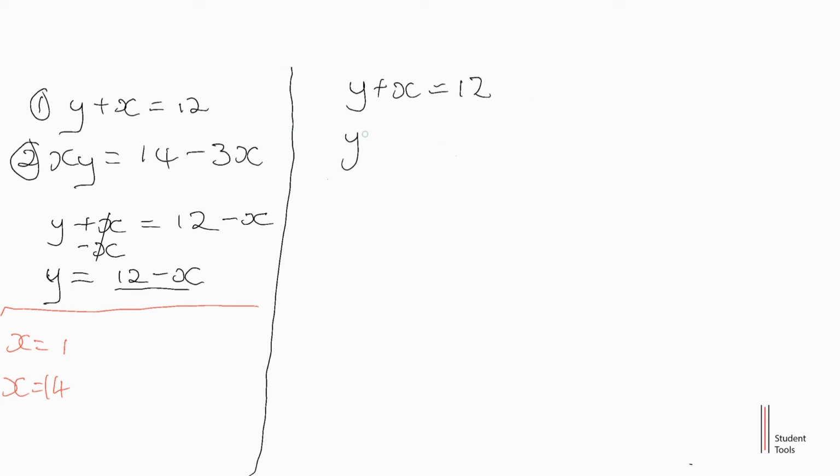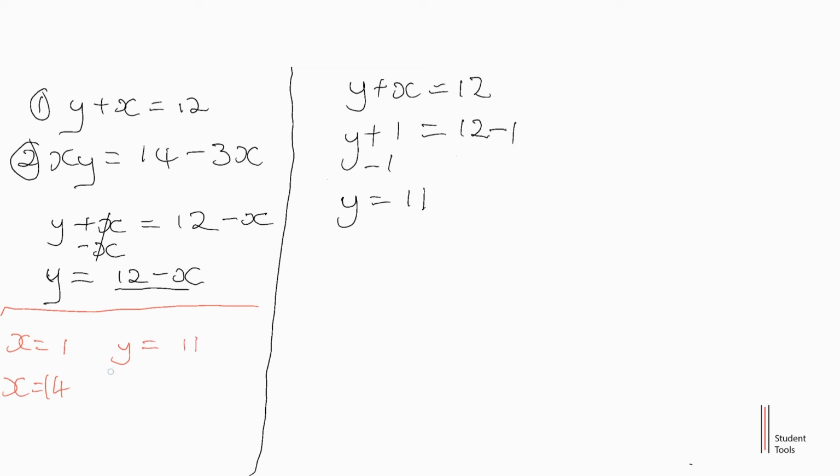So y plus 1 equal to 12. And now to solve for y, we will have to take the positive 1 from the left hand side to the right hand side. So we'll do that by subtracting 1 and also subtracting 1 there. And this will be y equal to 12 minus 1, that is 11. So that means when x is equal to 1, y is equal to 11.